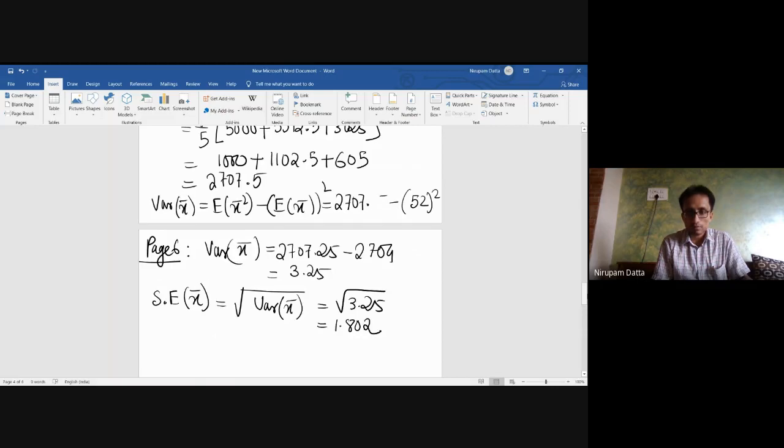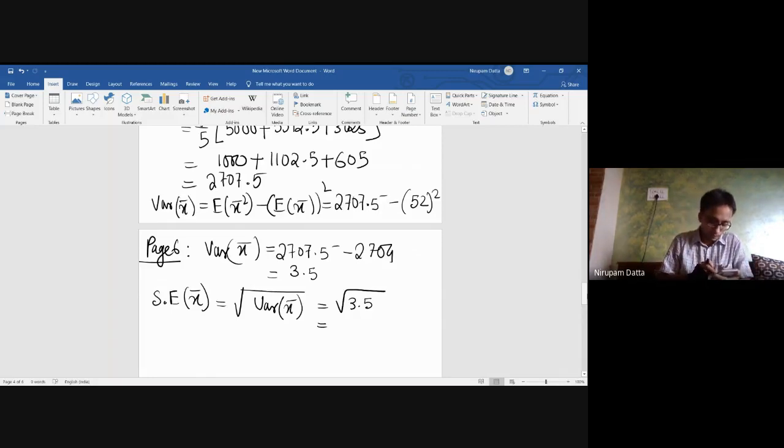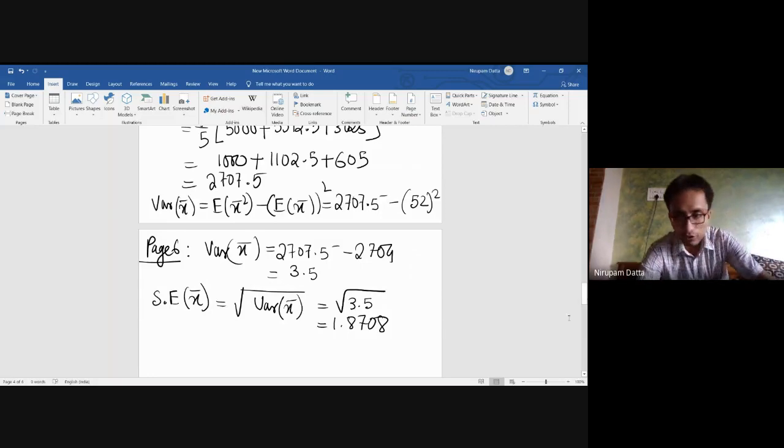This is 0.5. So here also we have to find root over 3.5. So this is 1.8708. Okay, so this is your answer to the example.